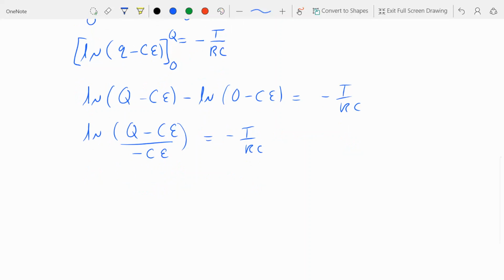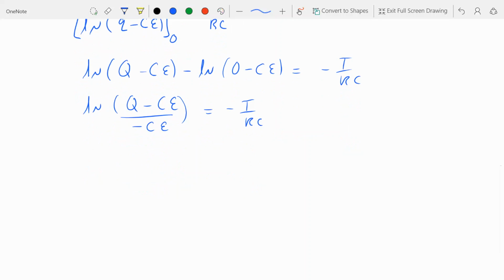Now you can break that ln apart by raising both sides to the e, meaning the left side here becomes (Q minus CE) over negative CE, and on the right we have e to the negative t over RC.